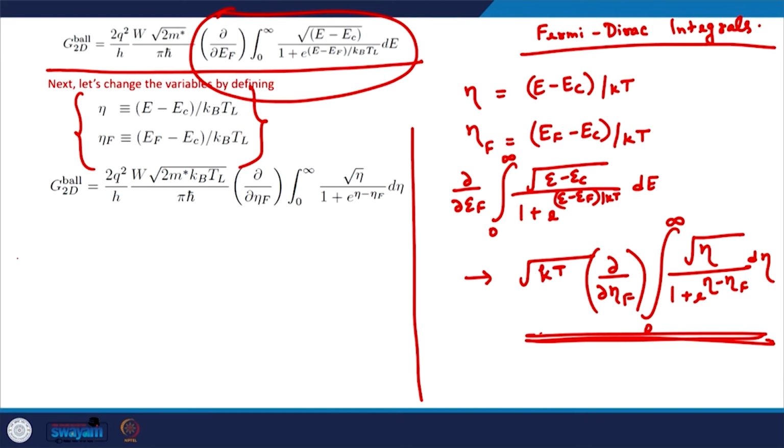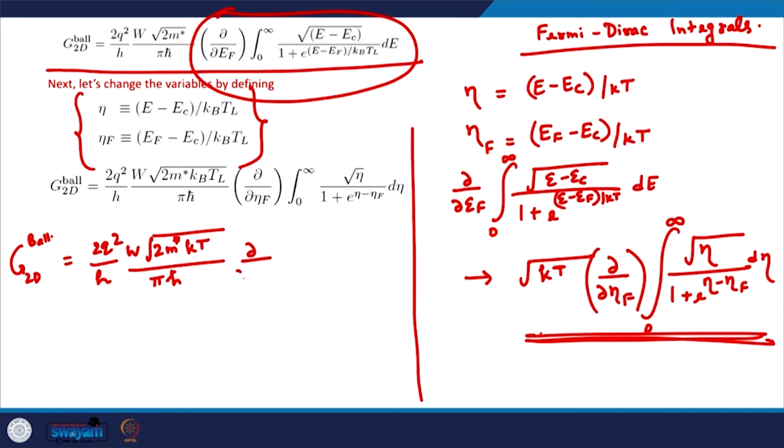So finally we can write down the ballistic conductivity of a 2D conductor: 2q square by h, W times square root of 2m star kT divided by pi h bar, del by del eta f, integral from 0 to infinity of square root of eta over 1 plus exponential (eta minus eta f) d eta.